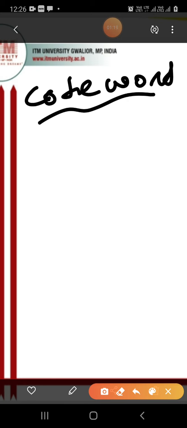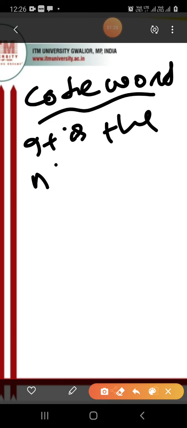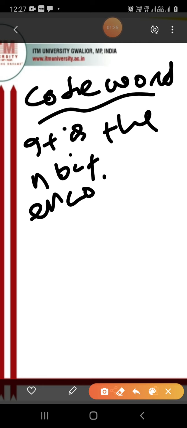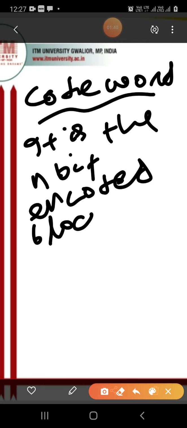Code word is the n bit encoded block of bits.